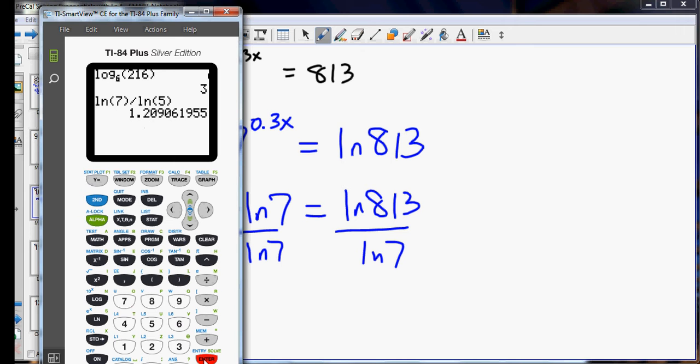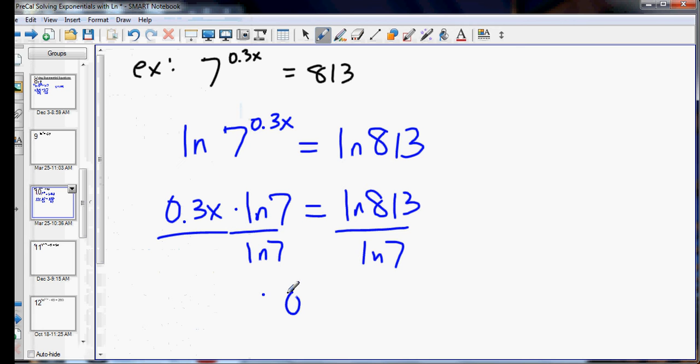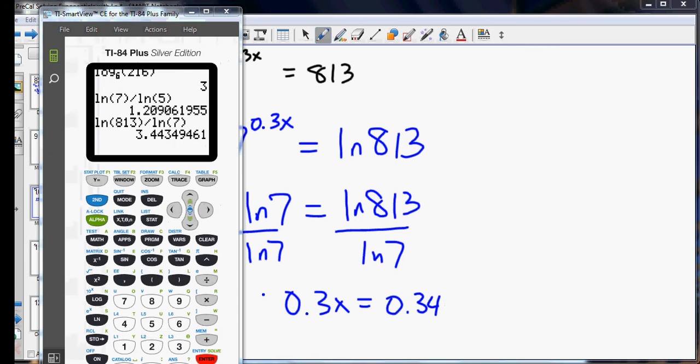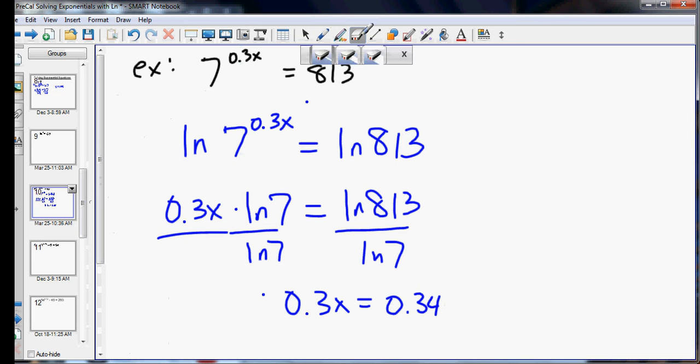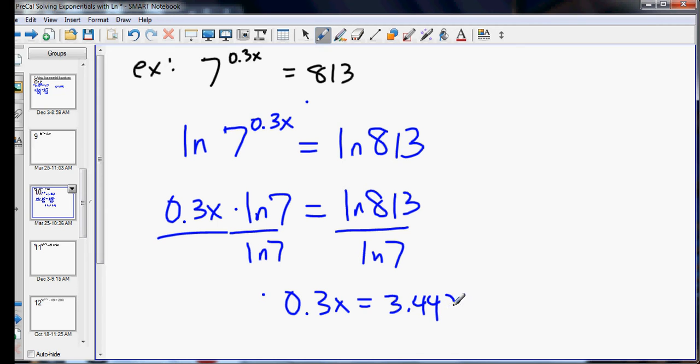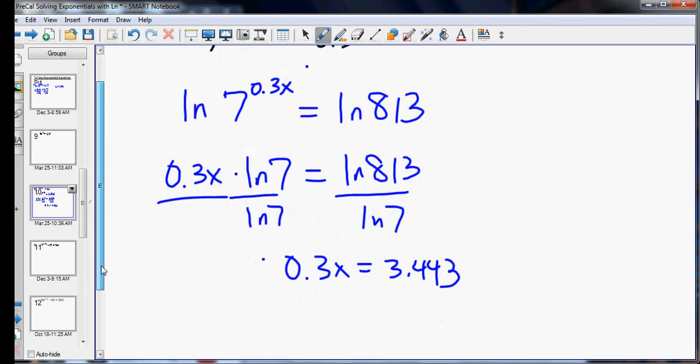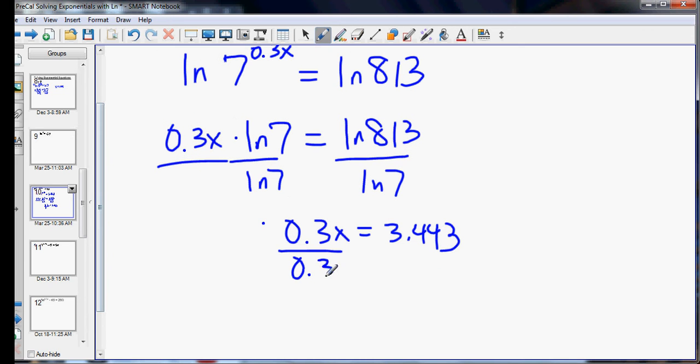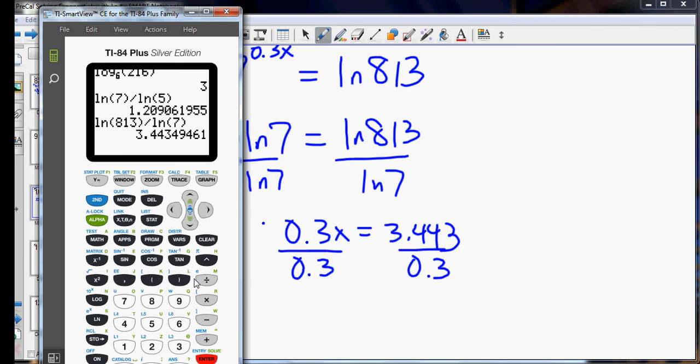Okay, this isn't our final answer, because 3.443 is equal to 0.3x. And it's completely fine when you're writing your work down to just round it, but our last step is to divide by 0.3, and in the calculator I want to just hit divided by, so it will use that exact answer, so it's using the exact number and not just a rounded version.